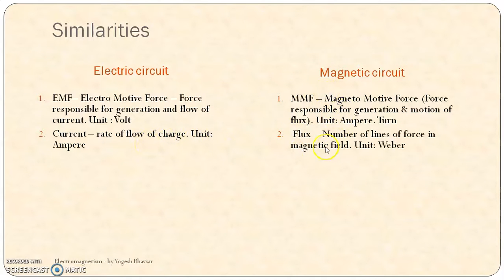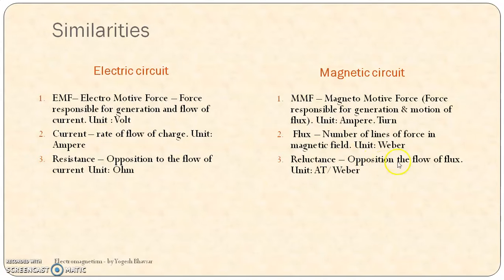Similarly in magnetic circuit there is a flux, which is the number of lines of force in the magnetic field, measured in Weber. In the electric circuit there is a resistance, which is opposition to the flow of current, measured in ohm. And in the magnetic circuit there is a reluctance, which is the opposition to the flow of flux, measured in ampere turn per Weber.